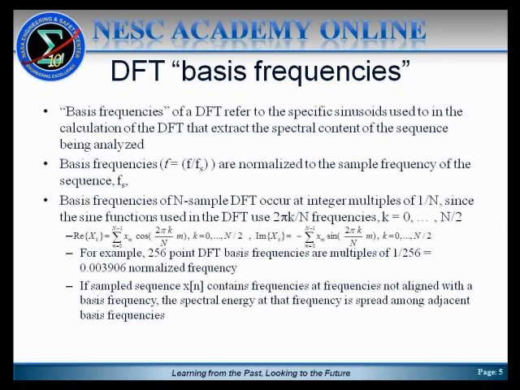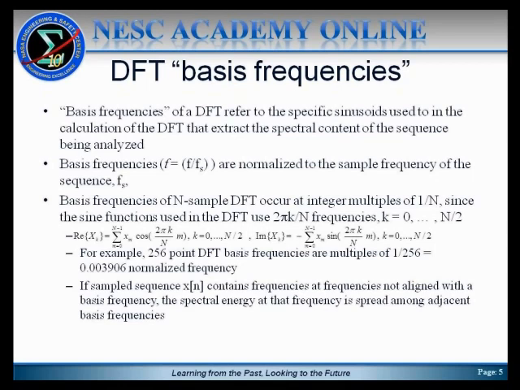The real part is a summation from m equals 0 to n minus 1 of x sub m, the individual samples of the time signal, multiplied by cosine of 2 pi k over n times m. The imaginary part is a summation from m equals 0 to n minus 1 of x sub m times sine of 2 pi k over n times m. In both of these, the k index generates n over 2 plus 1 coefficients, as k runs from 0, 1, 2 up to n divided by 2.